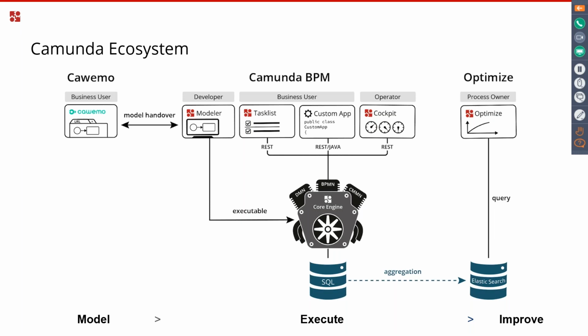You've probably seen this already. And we have Cockpit, where we can go and manipulate our process. Tasklist, where we can start the process and complete tasks. And then Optimize, which is the final step, where we can see all the data produced by the engine to be able to decide to change it in future for the better. Very good. And I think now we're going to use all of those. Yes, we are. I'm going to hopefully run through the entire toolchain.